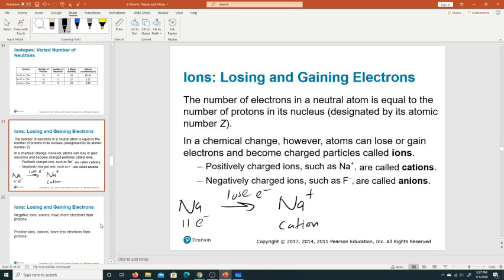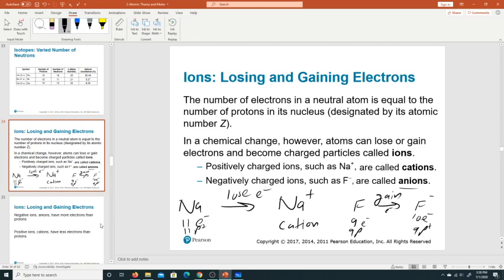So if you lose electrons, you become positive charge. If you gain electrons, you become negative charge. So fluorine, with 9 electrons and 9 protons, if it were to gain an electron, you can become F minus with 10 electrons and 9 protons.